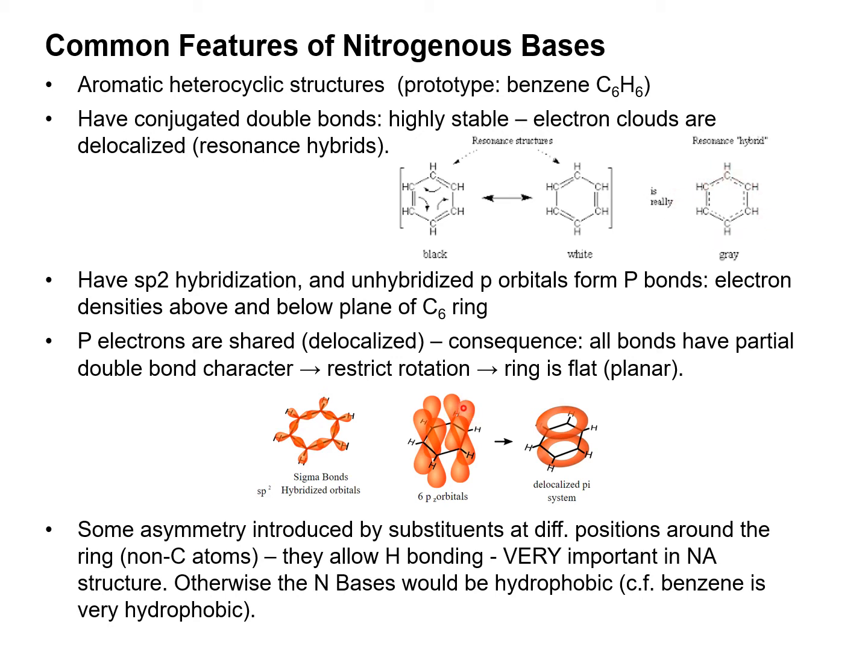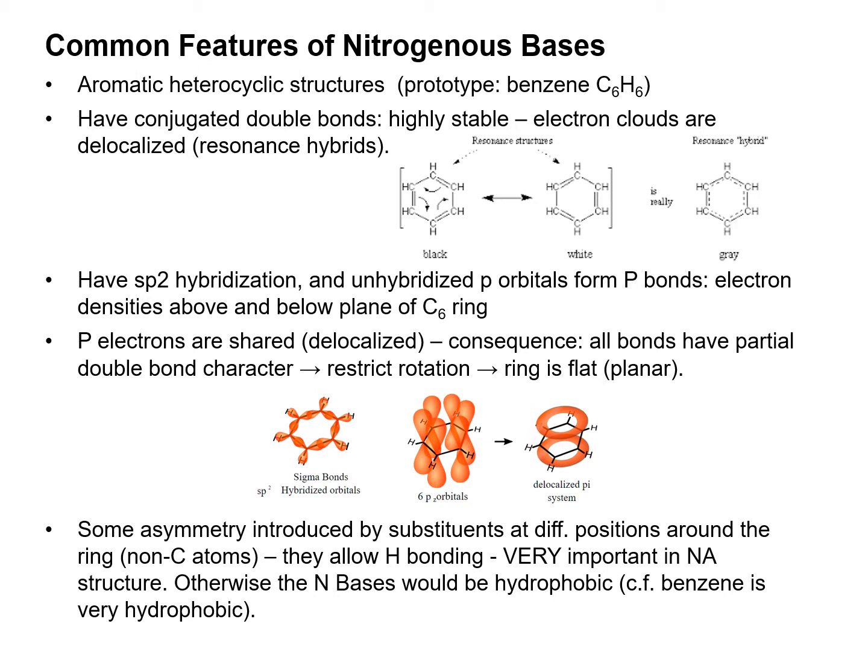And these p electrons are shared, like I told you, and the consequence is that the bonds have partial double bond character between the carbon-carbon atoms, and that restricts the rotation, so the ring is relatively flat and planar, and it's quite rigid too.